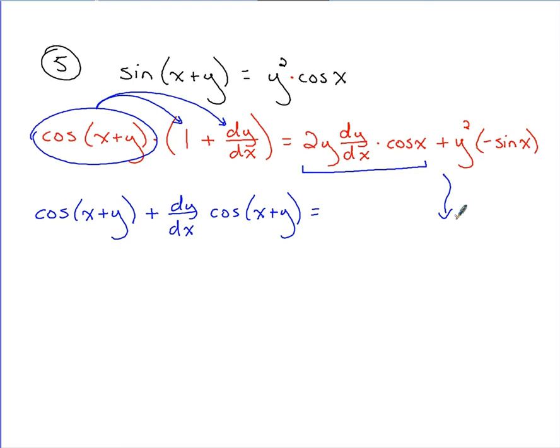Where originally I was trying to find how the dy/dx's were joined through multiplication to their respective terms. Now I can see that this dy/dx is multiplied to the cosine of x plus y. I'm going to take these underlined portions and bring them over to the left side. Since this is already on the left side, I'm just going to rewrite it here.